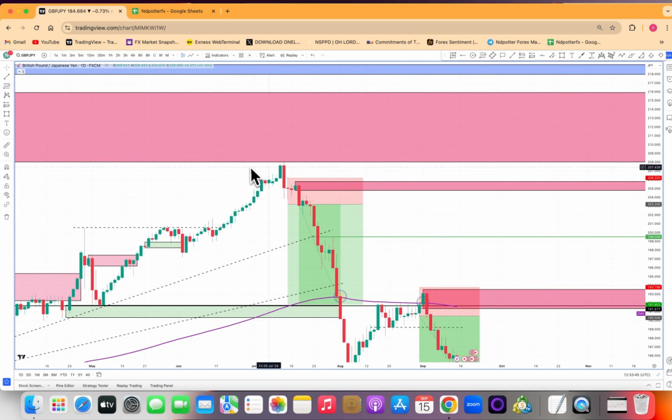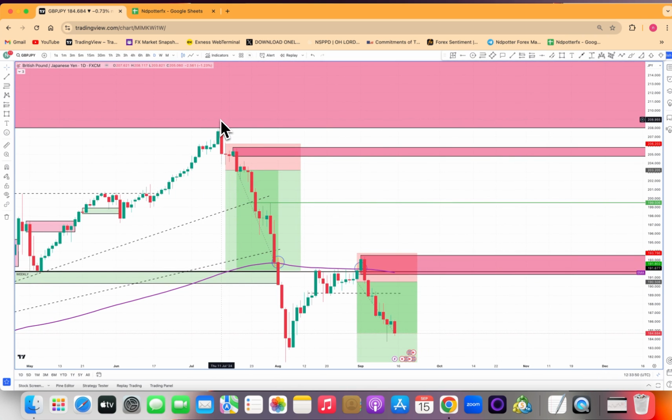That's why I had to mark out this weekly supply area here. So when we get this, I know that something is changing on this pair. The institution got close to their maxed out number, and now we are getting this aggressive selling coming in.